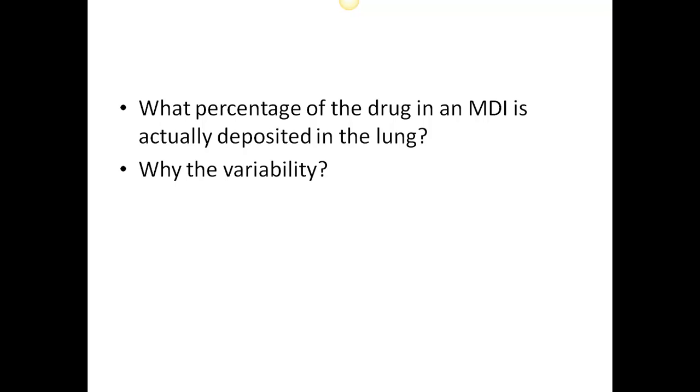If the patient puts it up to their mouth and puts it in their mouth, that's going to reduce deposition. If they move it out 4 centimeters from their mouth, but have difficulty coordinating activation with the breath in, that will also create some variability in the dose delivered.